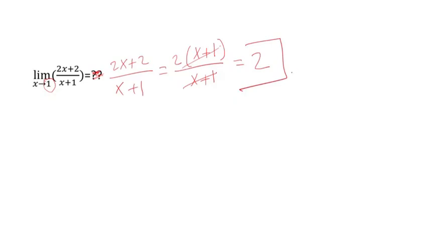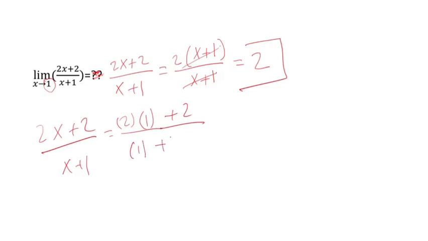And I can verify if this is correct or not. If I go back to 2x plus 2 divided by x plus 1 and replace x with 1, I get 2 times 1 plus 2, divided by 1 plus 1. 2 times 1 is 2, plus 2 is 4, divided by 2 is 2.